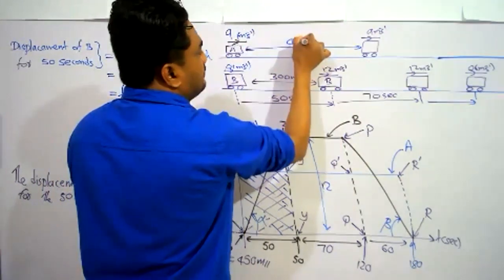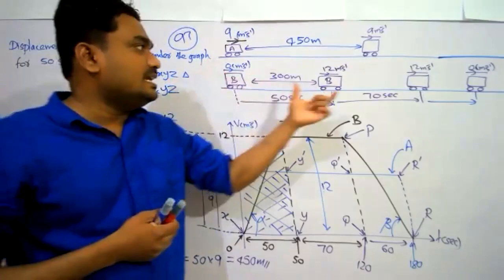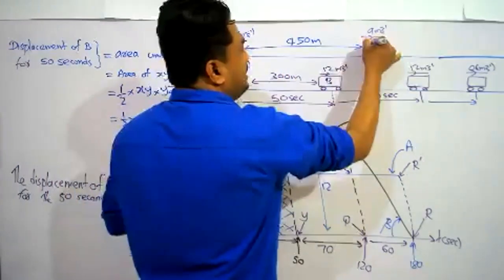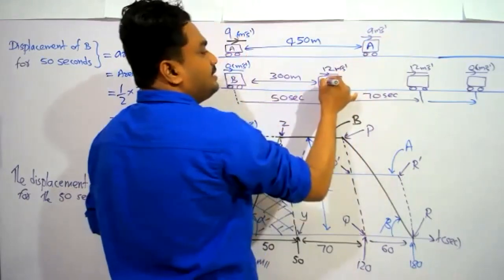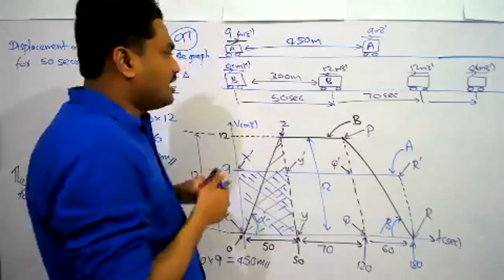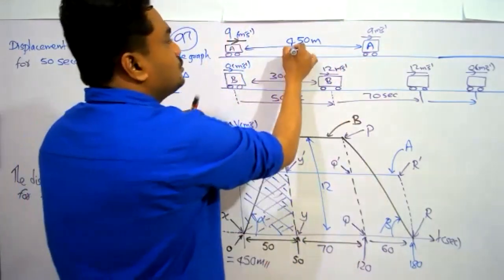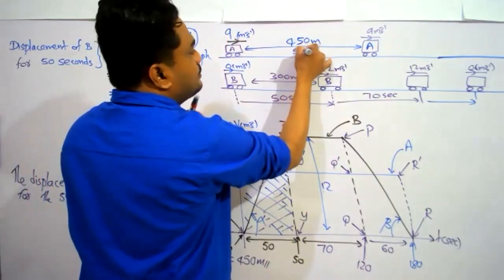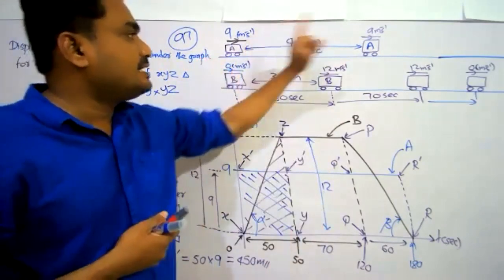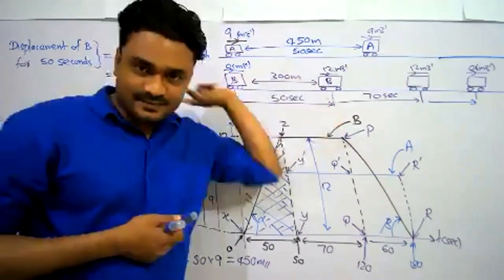So it means B is still behind A. Am I right? That's a gap. Got it? So after 50 seconds, A is here, B is there. Got it?